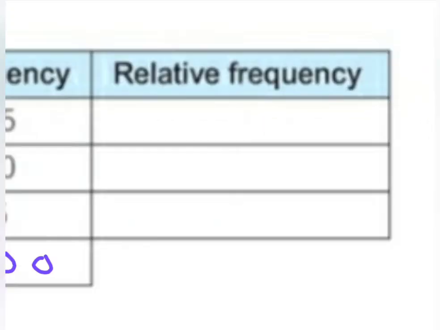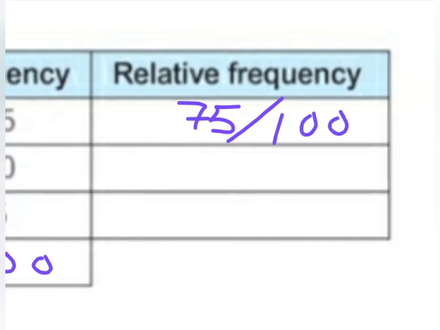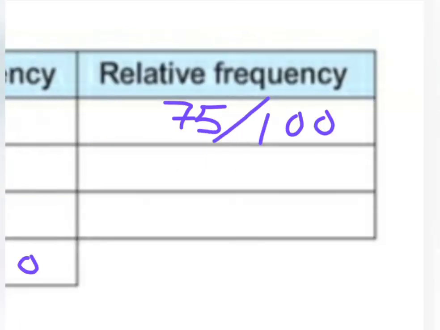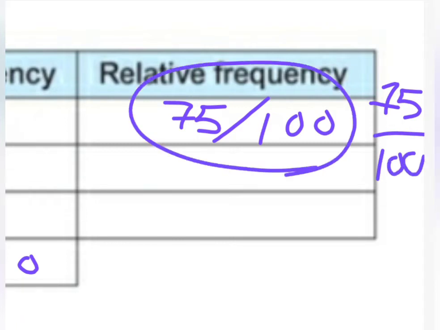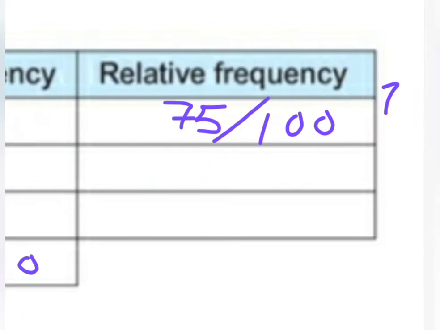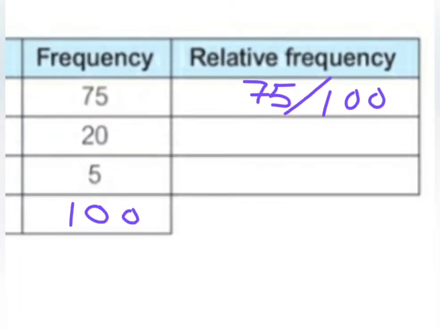Now, let's write it here, 75 over 100. Very good. You can write it like this, or you can write it 75 like this over 100. But because I don't have space, I have to write it this way, okay? Now, next one, we have 20 over 100.